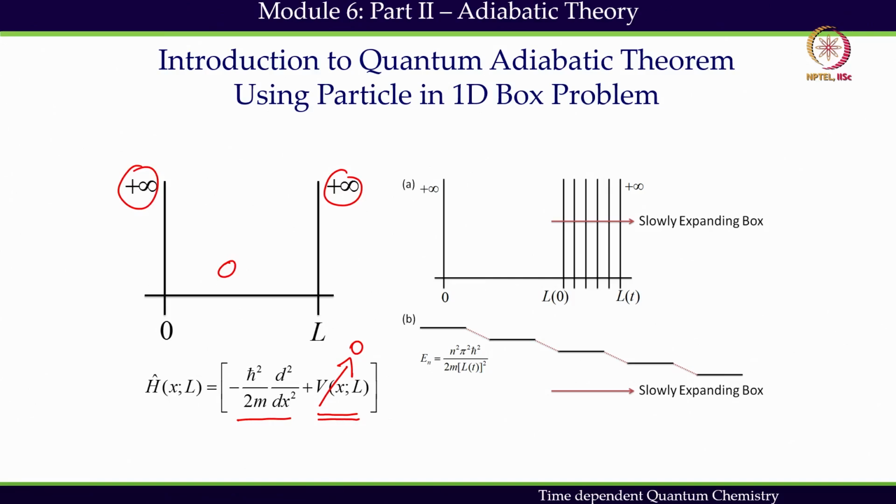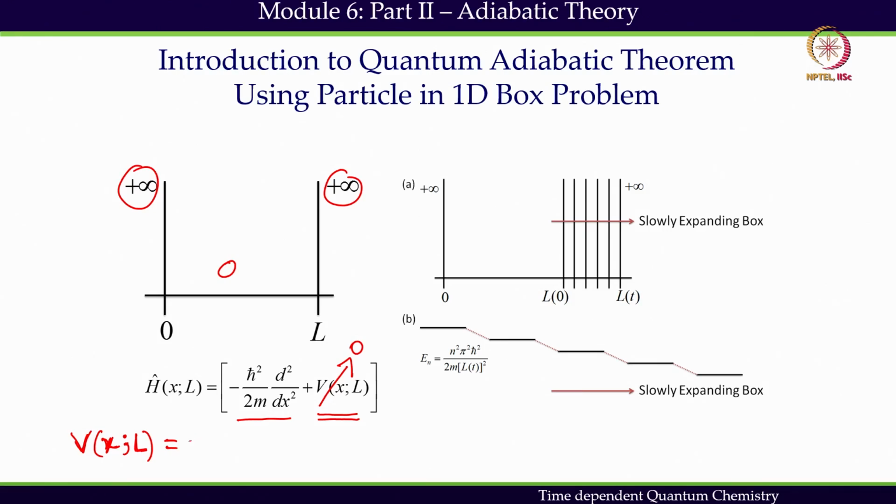We will say that it has a potential function which will be defined in this way. V, this is a more specific definition to maintain the notational accuracy. We can already see that the potential I am writing has x dependence as a variable, and it has a parameter dependency L. That is why they are separated by a semicolon. So what we are saying is that this V would be the defining condition of the potential for the free particle in the box.